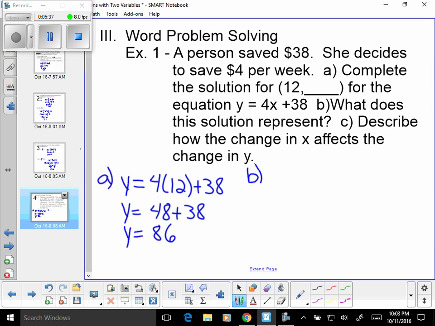Now, what does this solution represent? She has saved $38 and continues to save $4 each week. So this 86 really represents the total that has been saved.